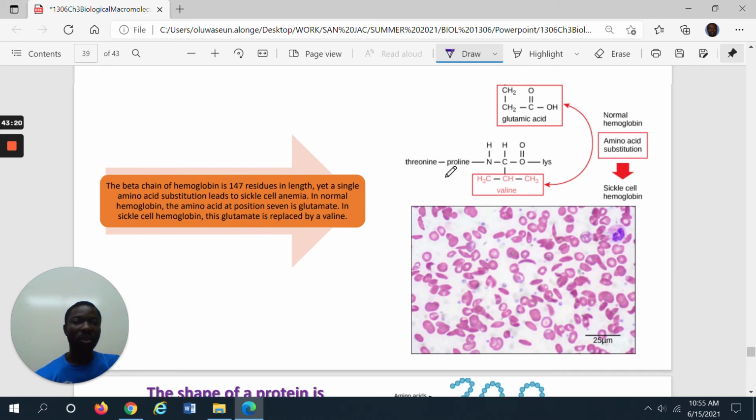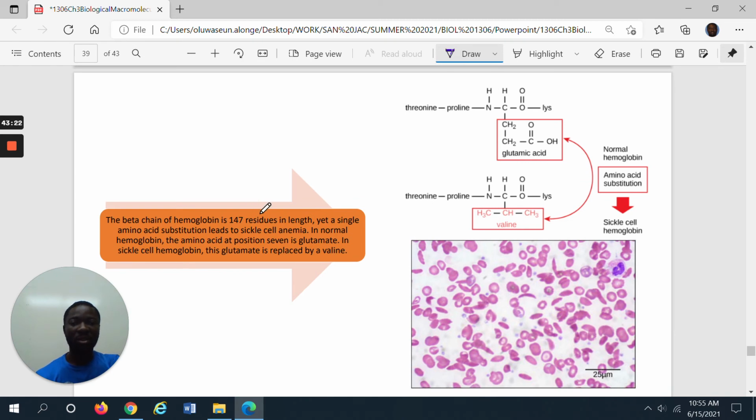All right, so for hemoglobin, when we talk about sickle cell, it's just a mutation in a single amino acid. It's just that an amino acid was substituted. So the amino acid in normal hemoglobin, what do you have?